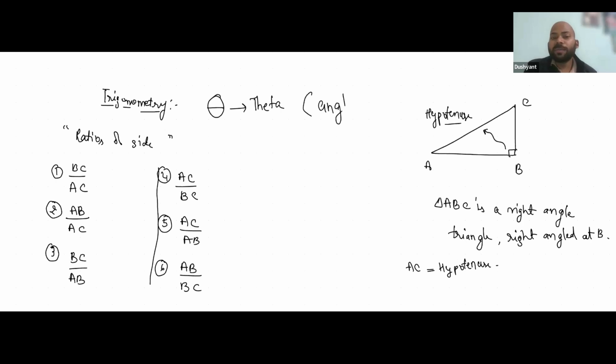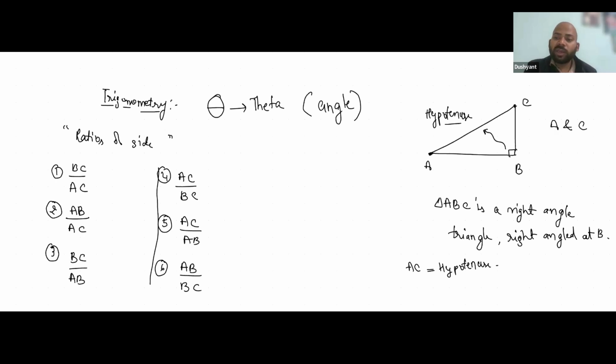Let's suppose I'm taking angle A, and that will be my acute angle here. But let's not restrict. If I have a right angle triangle, then of course A and C are going to be my acute angles, right?